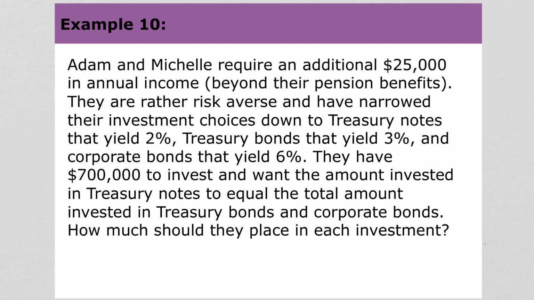So example 10 says, Adam and Michelle require an additional $25,000 in annual income. They are rather risk averse, which means they don't like to take risks, and have narrowed their investment choices down to 3 different things.